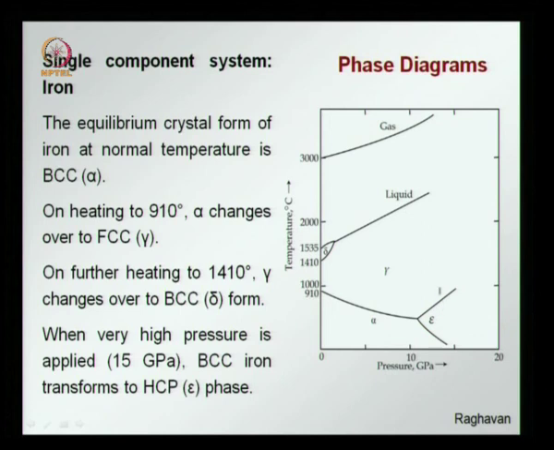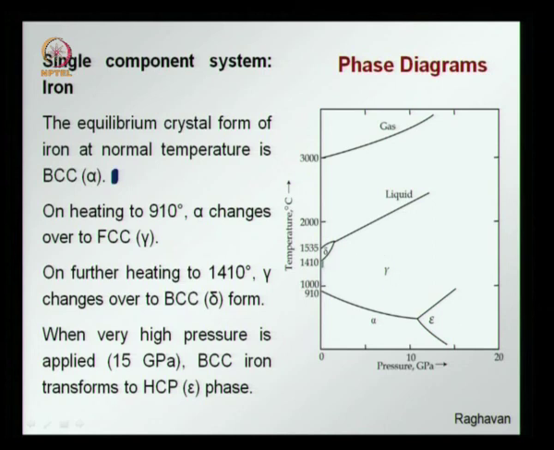So we find that in equilibrium at normal temperature and pressure, up to 910 degrees you have iron existing in alpha form, that is a BCC structure. When we heat further, when we cross 910 degrees Celsius, we have iron going into the gamma structure, which is an FCC structure.